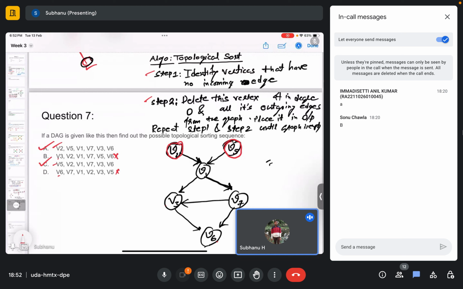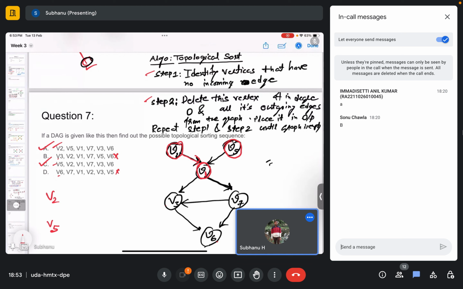So what do you have to do next? You can start from V2 or you can start from V5. Fine. So if you start from V2, you come to V1.